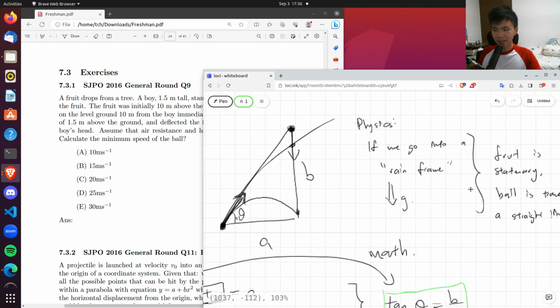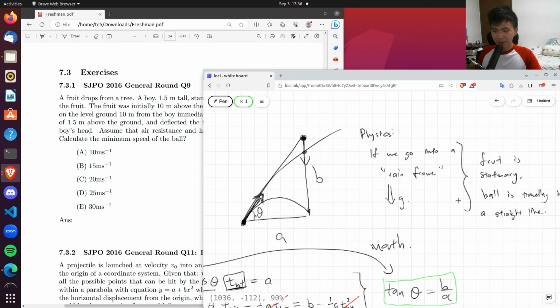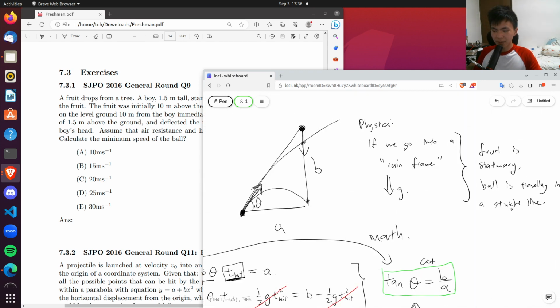And that totally makes sense, because the condition that tangent of theta must be equal to b over a can be translated into a diagram right over here, where we draw the angle that the fruit makes with the ball at the initial time t equals 0. The angle that this fruit subtends with the horizontal with respect to the ball must be this angle of the triangle.